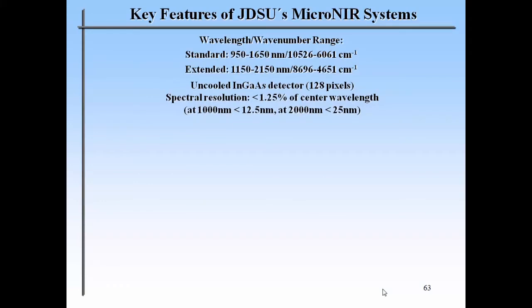One for the 950 to 1650 nanometer region, which is close to the visible, or 10,500 to 6,000 wave numbers, or the extended version from 1100 to 2100 nanometers, or approximately 9,000 to 4,500 wave numbers. Uncooled InGaAs detectors, 128 pixels. The resolution is not impressive, but I will show you examples that you can use it to discriminate and quantify materials.